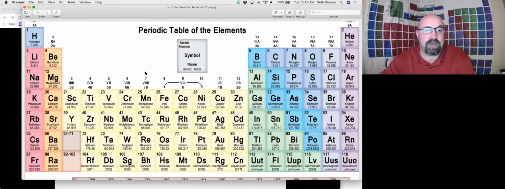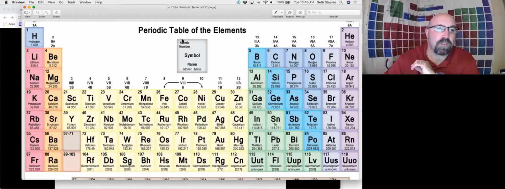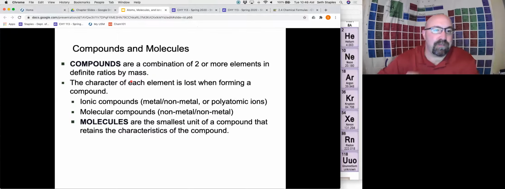Or maybe any other combination. Magnesium nitride. Magnesium is a metal, nitrogen is a non-metal, and so the 2 of them come together in an ionic compound. And don't worry about the -ide, nitride and chloride and so on. We'll talk about those naming conventions later in this lecture. And so 2 different types of compounds that we're going to focus in on now: either our ionic compounds or molecular compounds, sometimes also known as covalent compounds.